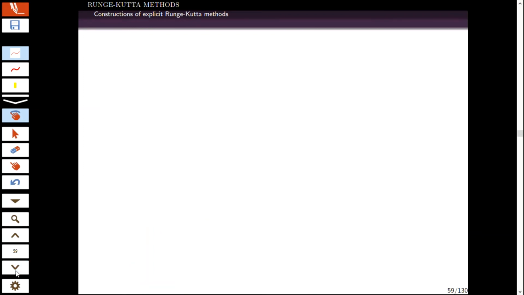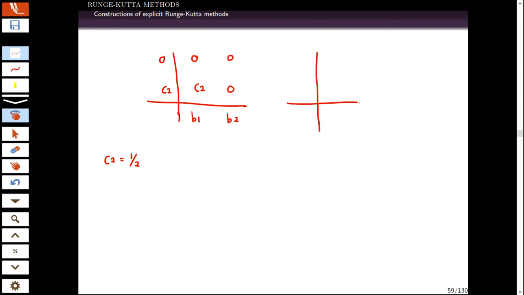Now we can also have another method. So let's look at the table again, which is 0 0 0, C2 C2 0, B1 B2. Now if we choose C2 equals to half, what do we have? We have a table like this: 0 0 0, half half 0.